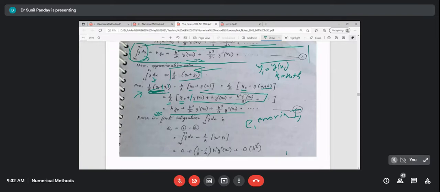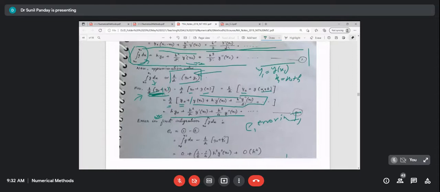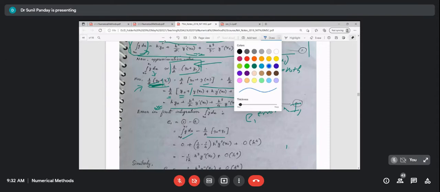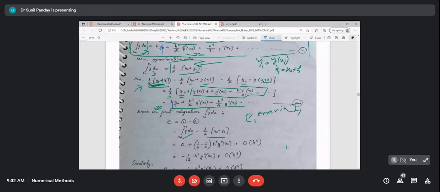Both are expanded in terms of Taylor series. Then h y naught will cancel out, and the next terms will cancel too, but h cube upon 4 and h cube upon 3 factorial times y double dash of x naught will not cancel.